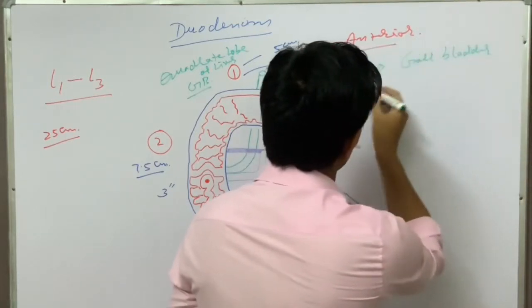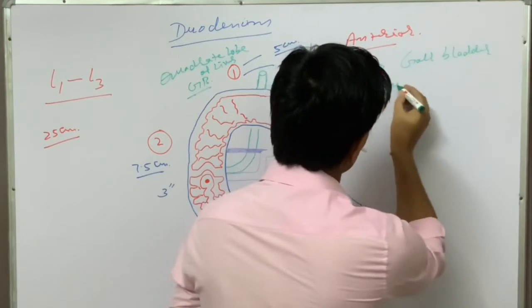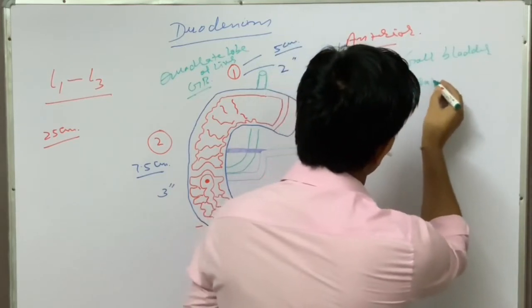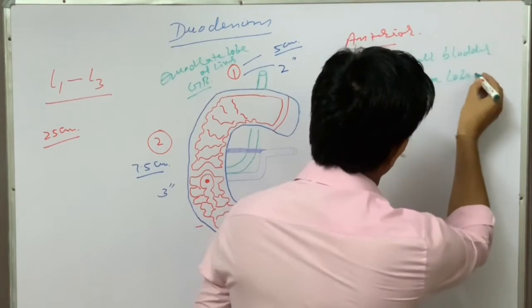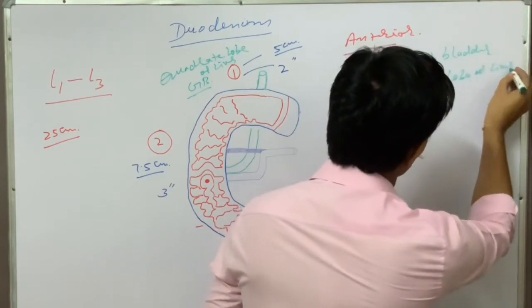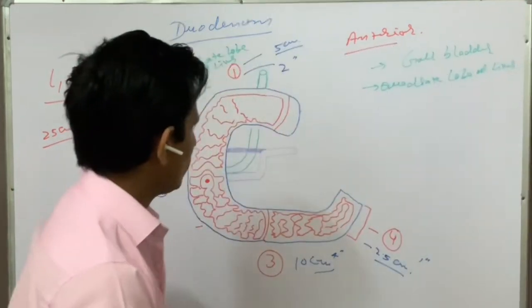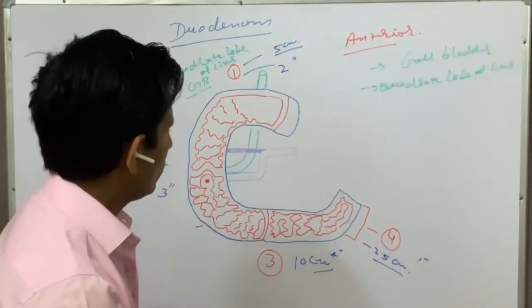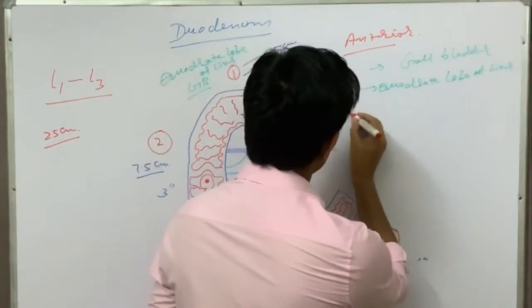Second one is the quadrate lobe of liver. And in the posterior aspect of this first part, we should write here posteriorly.